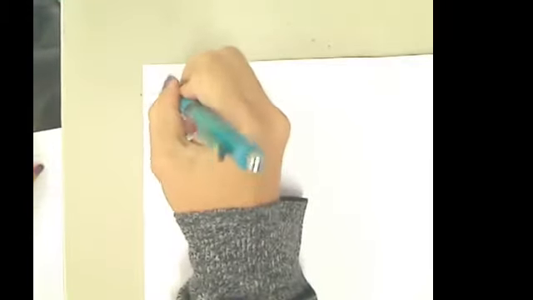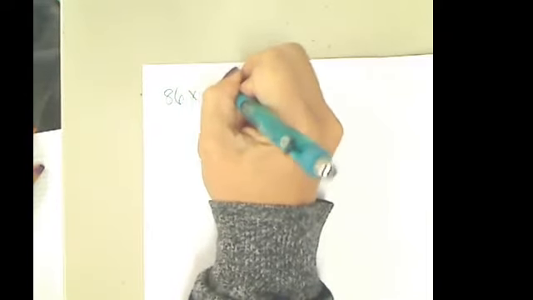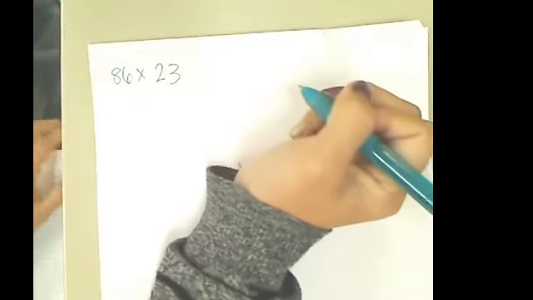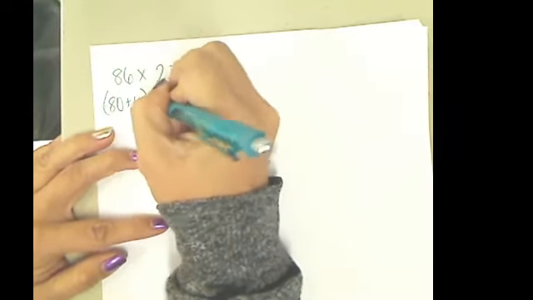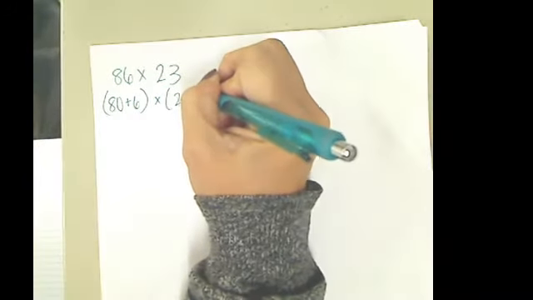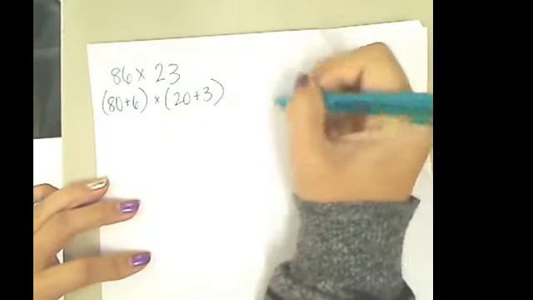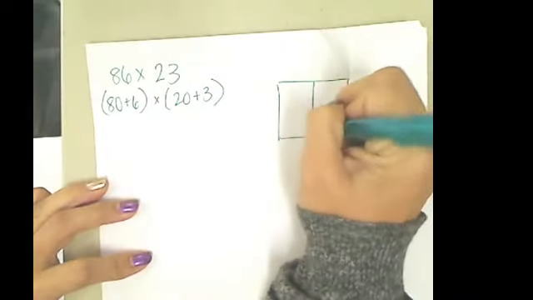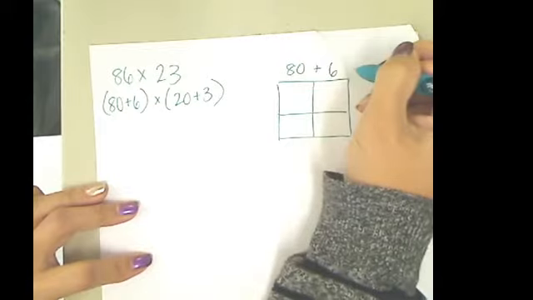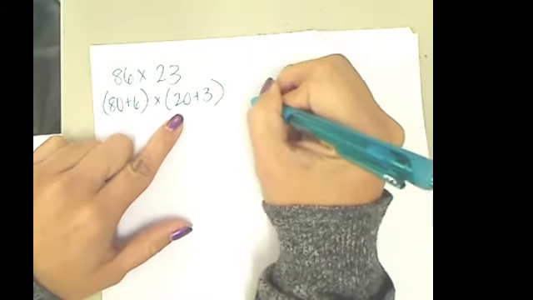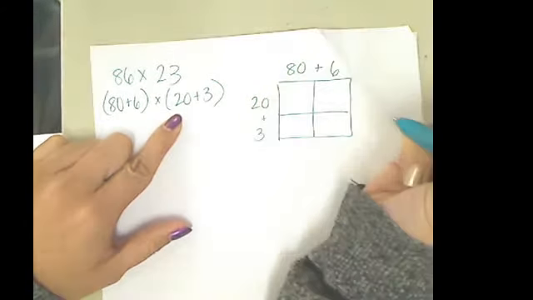But if I had a problem like 86 times 23, if I'm using partial products, I'm going to expand both numbers. 80 plus 6 times 20 plus 3. Using my matrix, I put my 80 here, my 6 here, because those add to get 86. And then this one right here, I'm going to do 20 plus 3, okay?